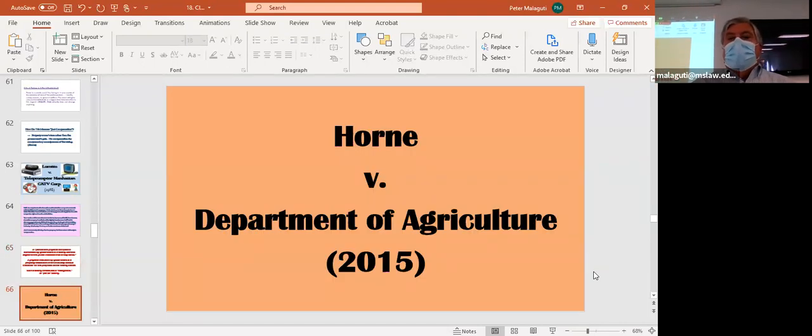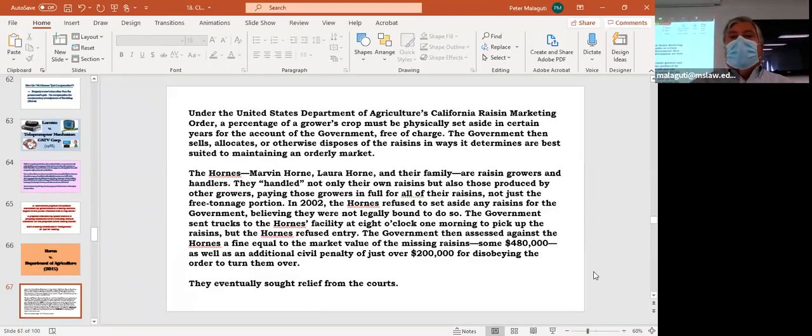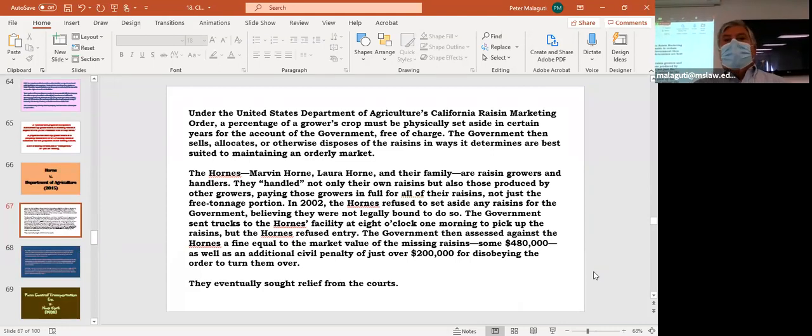Well, we have another categorical taking in Horn versus the Department of Agriculture. This is the case that says that you can have a taking of personal property as well as real estate.